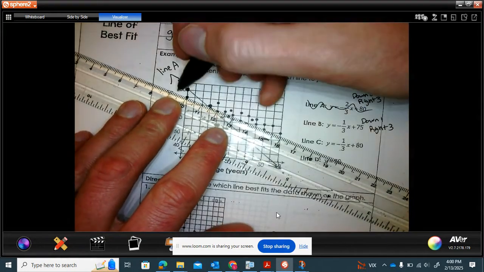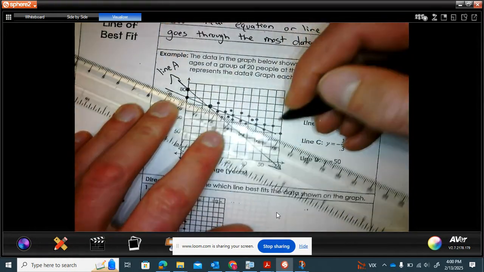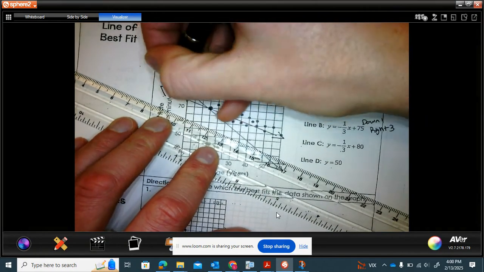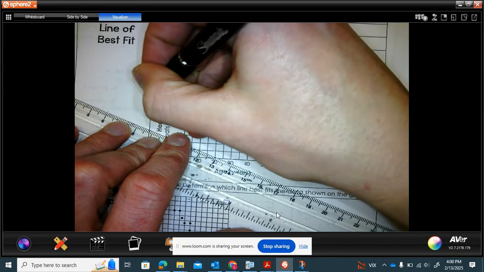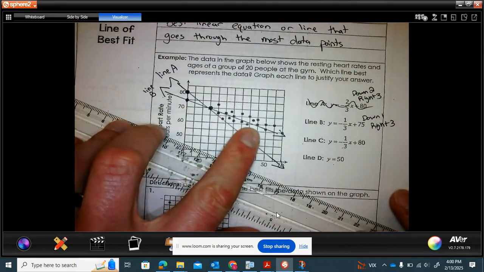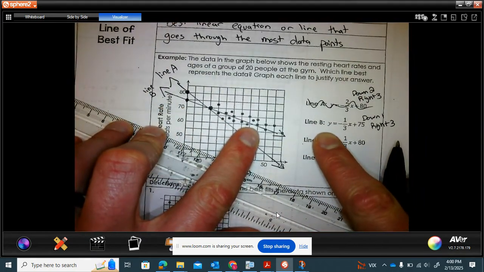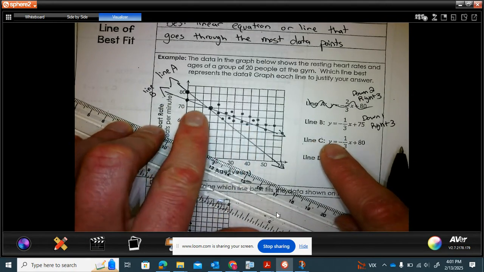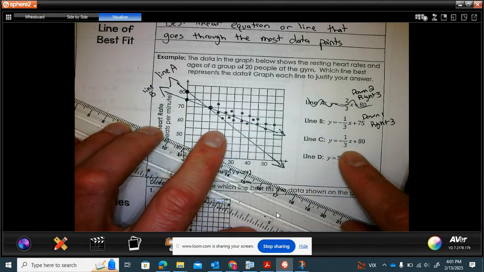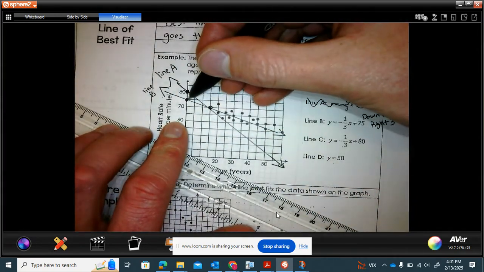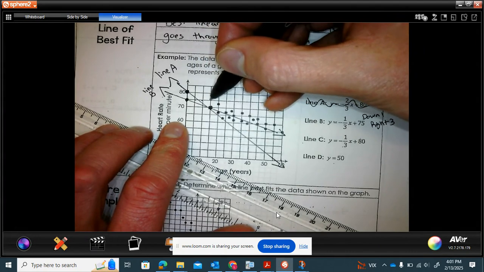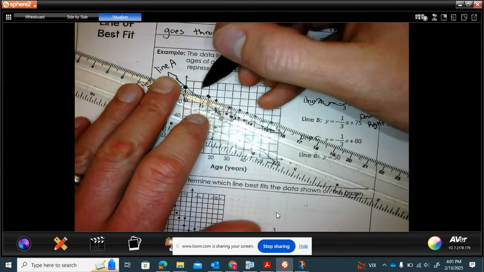So if I was to connect those, it looks like line B goes through a lot of points. So I'm not going to erase that one yet because I feel like that might be the answer because it goes through a lot of points. Let's look at C. C starts at 80, and my slope is negative 1/3, so I go down 1, right 3, 1, 2, 3, and then I connect them.